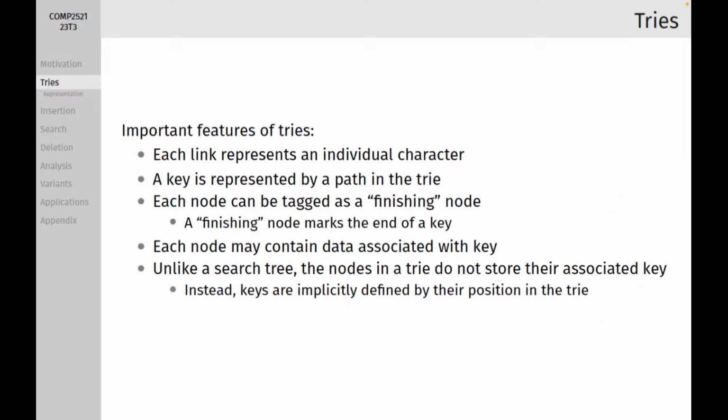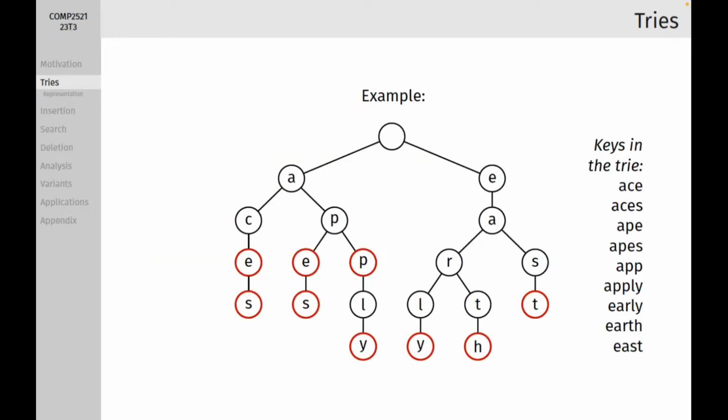So, here is partly what I talked about before. In a trie, each link, so each edge of the trie, represents an individual character. In this diagram, I actually put the characters in the nodes themselves, but what's really going on is that each link represents a character.